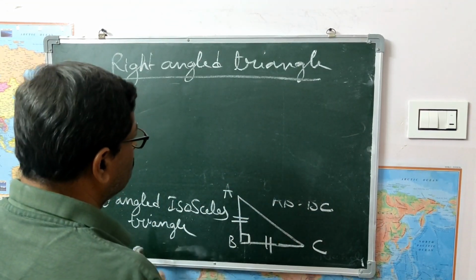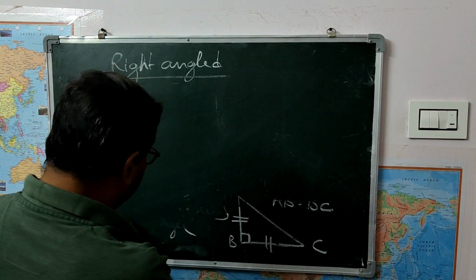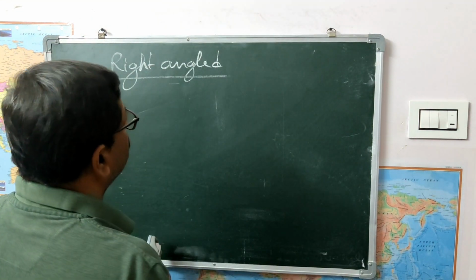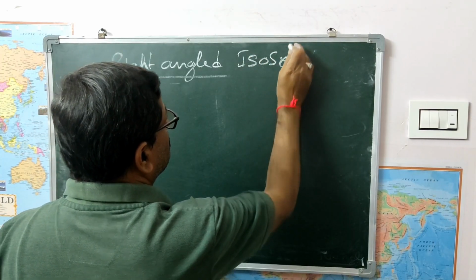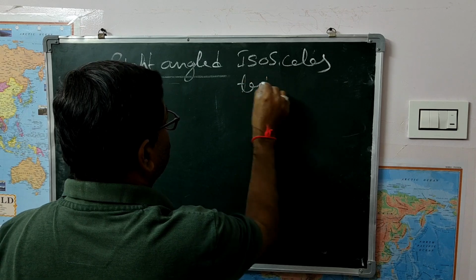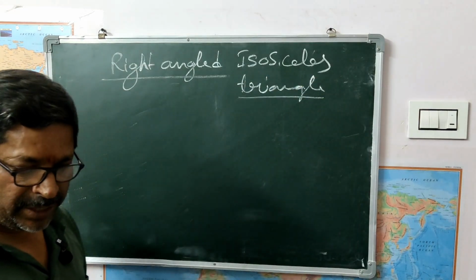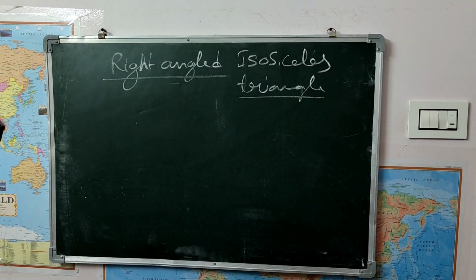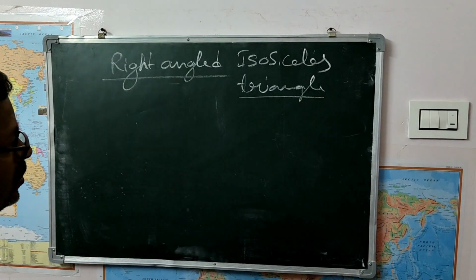Now let us see. Right-angled isosceles triangle. Many things can be discussed, but for the time being, let us take the right-angled isosceles triangle and finish this.